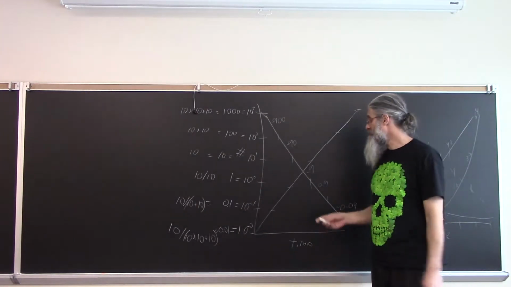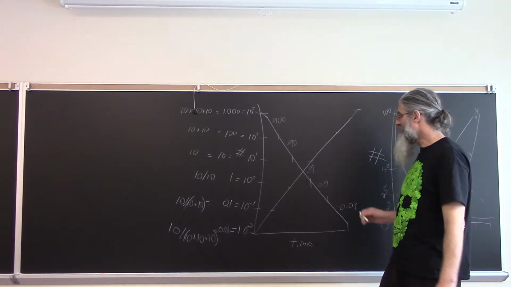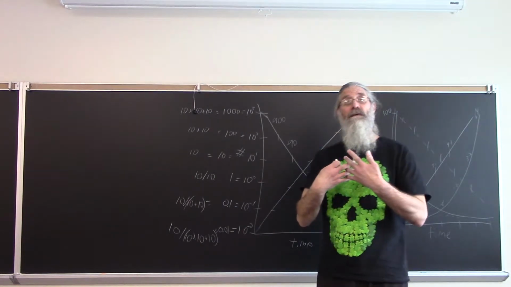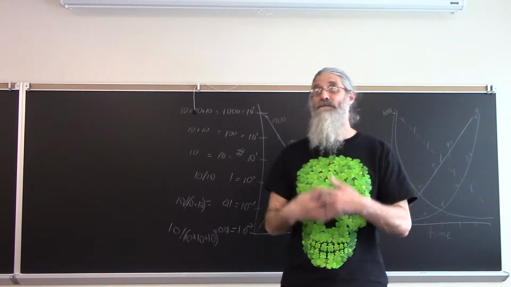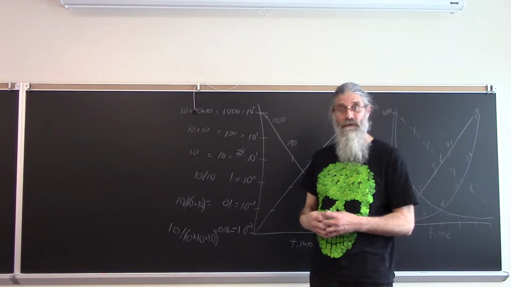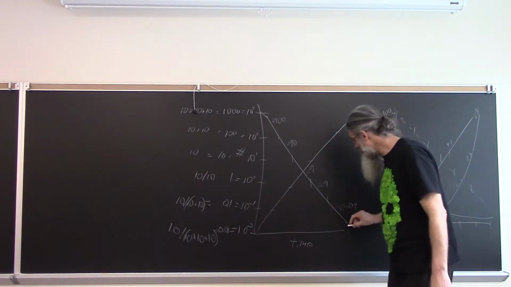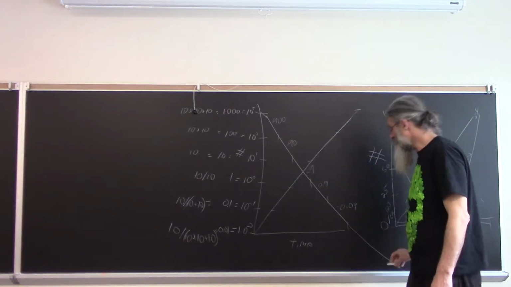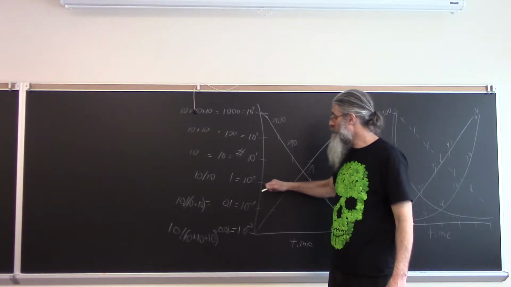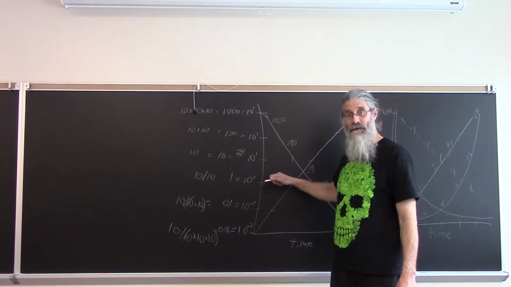linear fashion. But in each unit time, you're killing fewer and fewer individuals. And your goal is going to be to kill so many individuals that you're some number below 1.